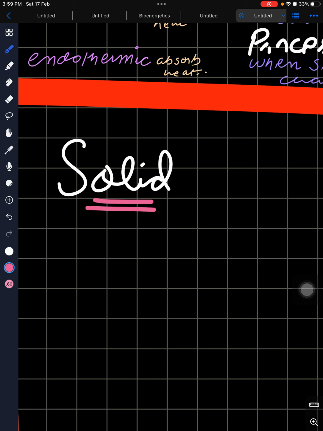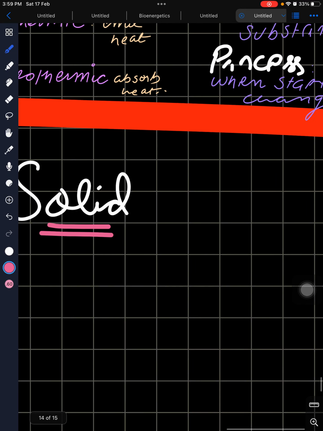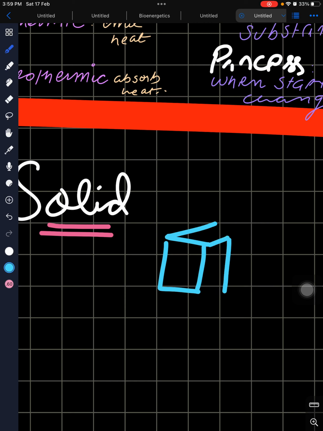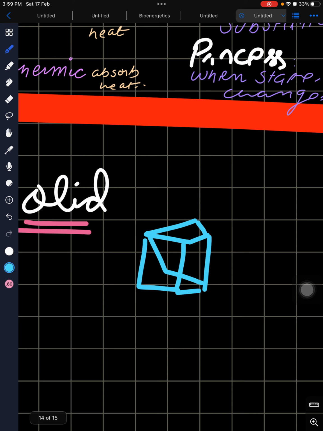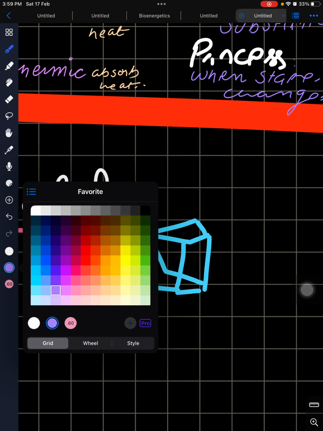So let's take some examples of solids first. We have an ice cube. This is an ice cube for you guys. Or a pencil.